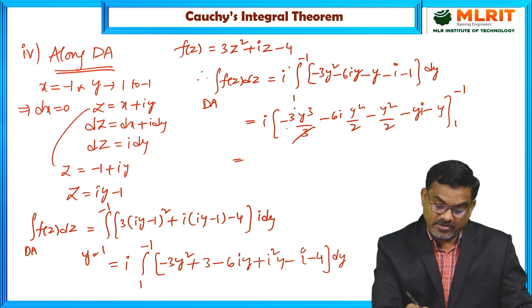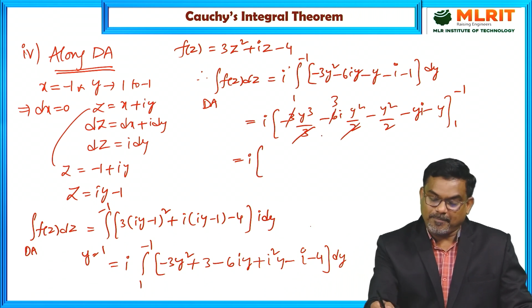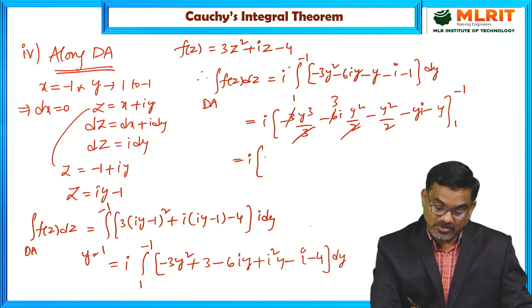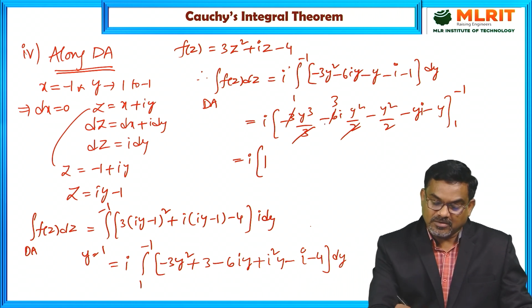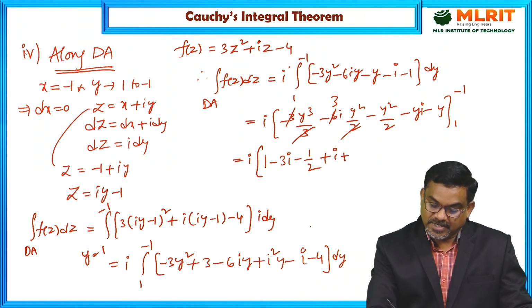So here, i into the upper limit, which is minus 1. Already here we have minus, and y cube, minus 1 whole cube, will be minus. So this becomes plus 1. Now minus 3i, next minus 1 by 2, and next here plus i plus 1.